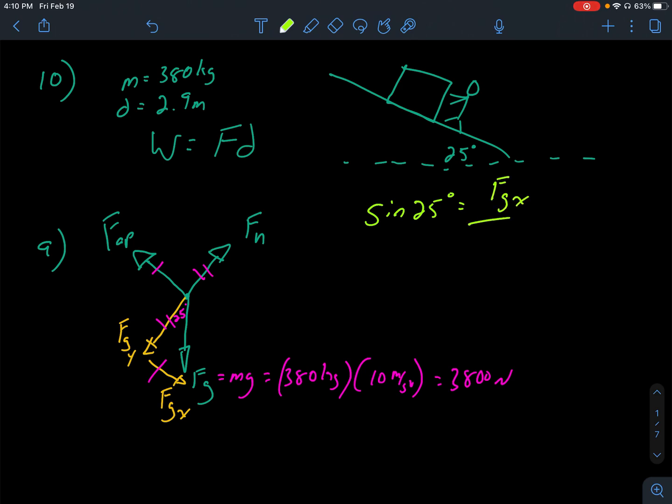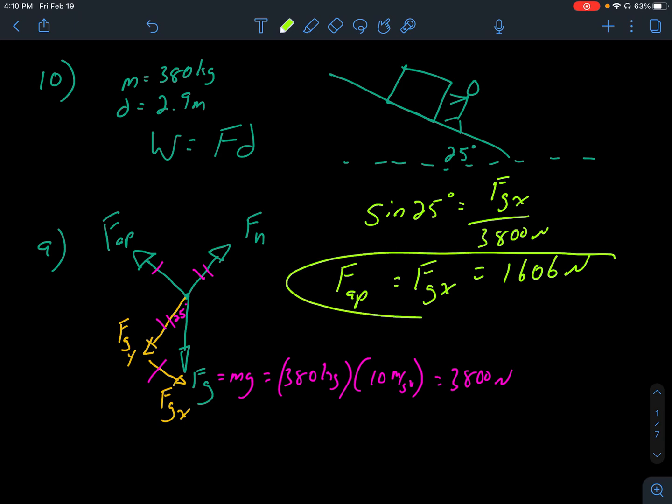So F_gx over F_g, which I already defined, so I can make that 3,800 newtons. So my F_gx, if I plug that into a calculator, making sure I'm in degree mode, I get about 1,600 newtons, and that is also going to be the applied force from the man. Because of our force diagram, we said they were equal, so that's our answer right there for part A.